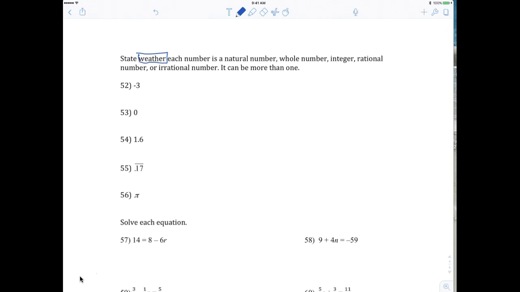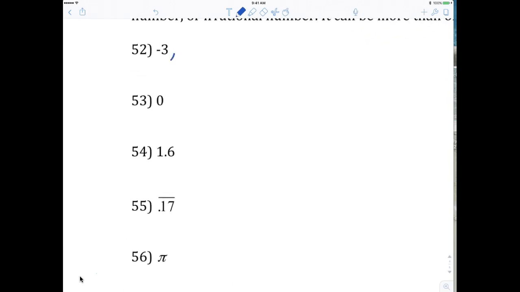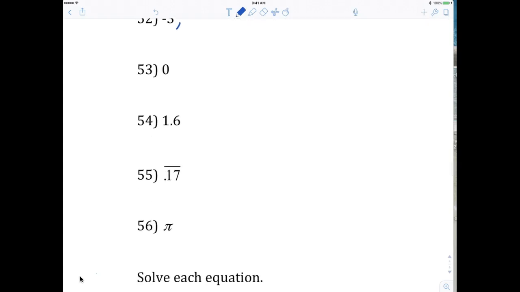All right, here we go. So, -3. What is that? Rational and integer. That is correct. What is 0? Is it a whole number?